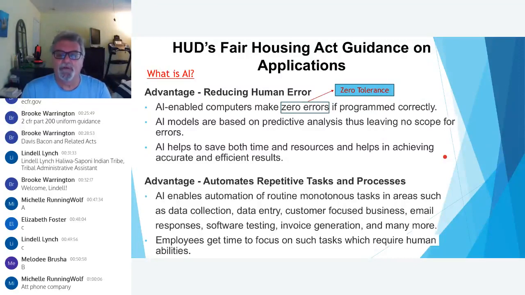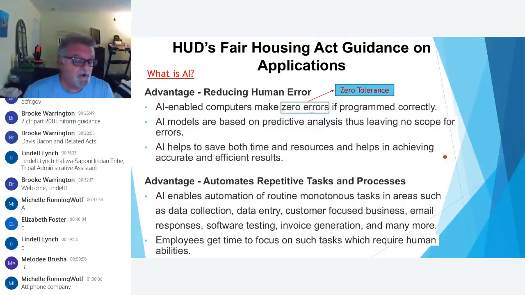All models are based on predictive analysis, thus leaving no scope for errors, no possibility of exceptions to the rule, which is very human, right? AI helps to save both time and resources and helps in achieving accurate and efficient results. Yes, it could.